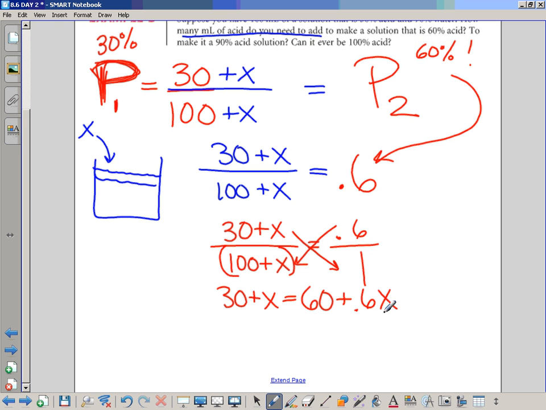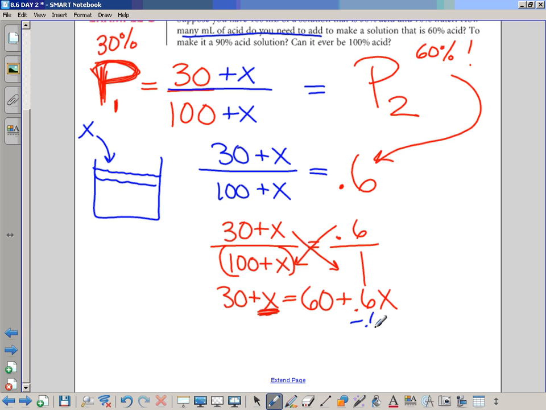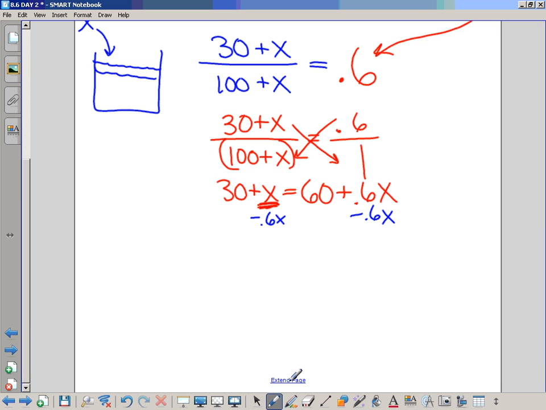When you distribute 0.6 to 100 and the X, you get 60 plus 0.6X. At this point, who's the boss? We have the X is the boss term that's going to call the 0.6X over to its side of the equation. We're going to take away 0.6X from both sides. This is called gathering our like terms.